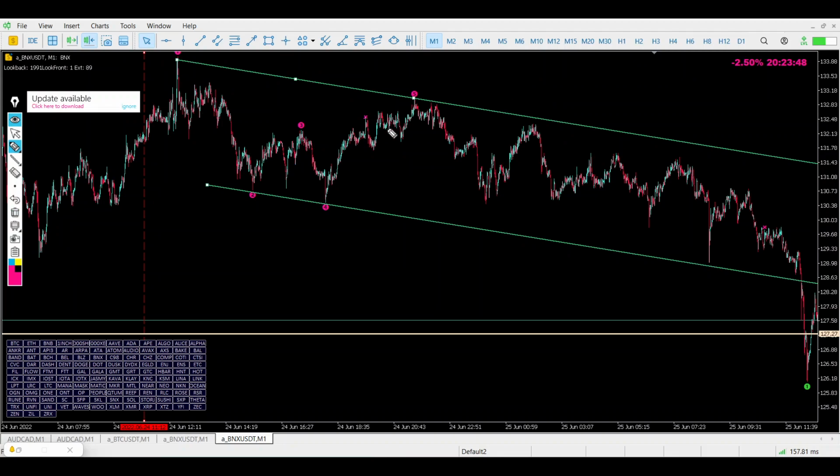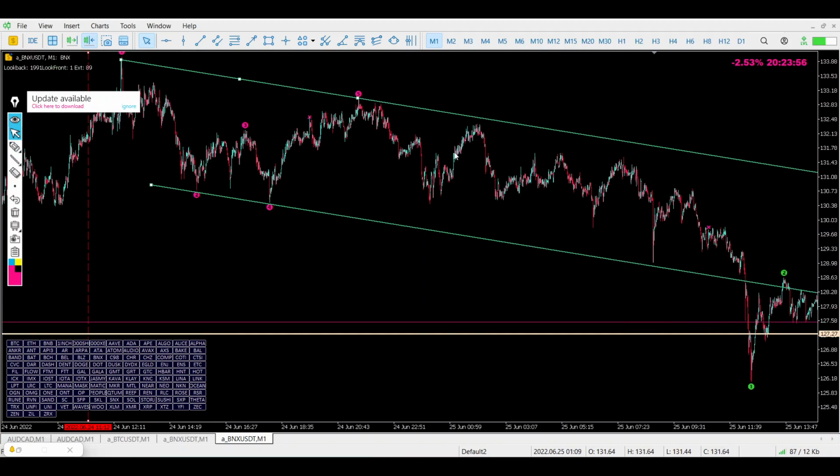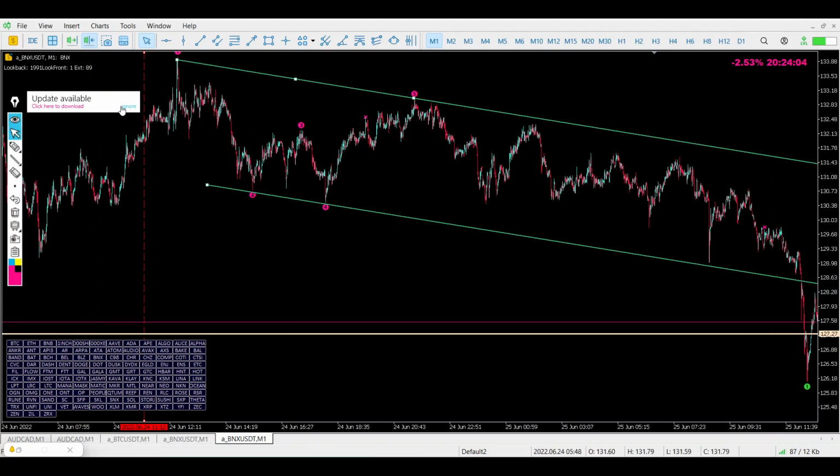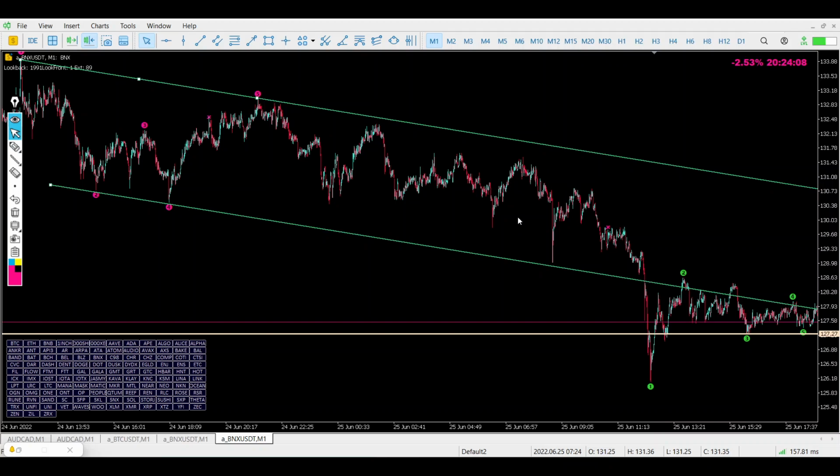So to find such kind of turning points, you have to study the price points and what's going on. So in this chart, it's a BNX chart. You can see that it was actually flowing in a channel before it actually gave a breakout.